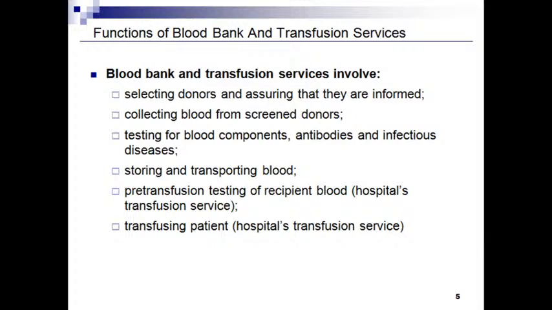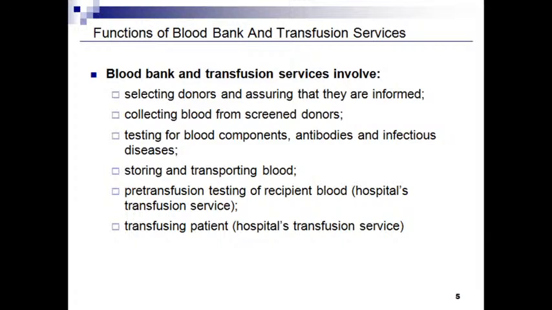Screened donors are invited to a clinical hospital or to a blood bank center, where their blood samples, blood portions, are collected. Testing for blood components, antibodies, and infectious diseases. Collected blood should be tested before distribution to hospitals and should be under quarantine storage.